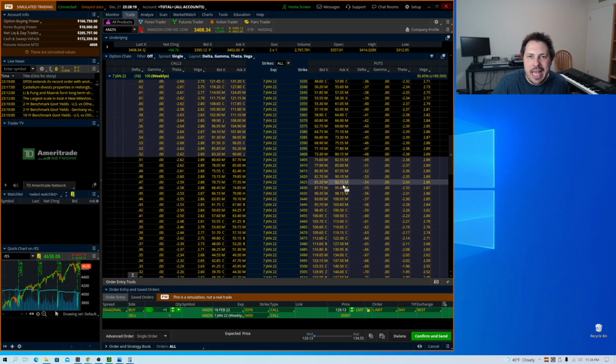Time spreads are diagonal spreads because we're spreading the difference in the expiration dates, right? We're buying that long-term option, we're selling that short-term option, and we're hoping to profit from the decay of that front-term option relative to the back option.